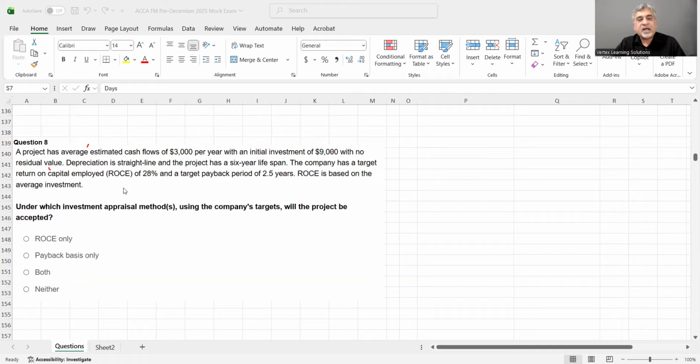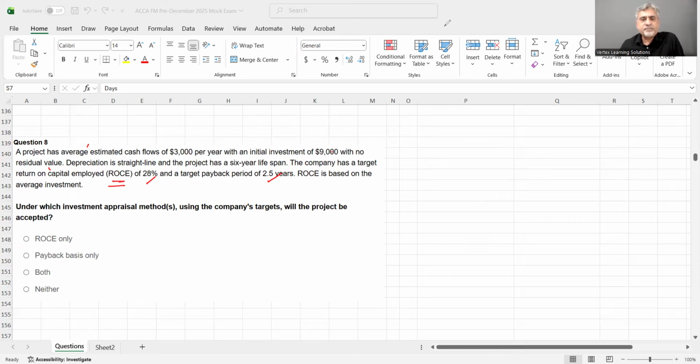The company has a target return on capital employed, ROCE, of 28% and a target payback period of 2.5 years. So the shareholder says we need a return on capital employed of 28%, and we need a project which gives a 2.5-year payback.